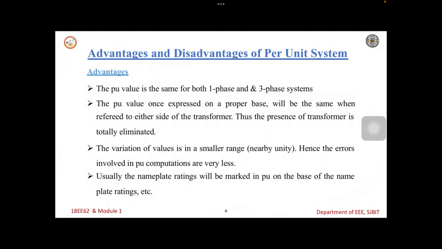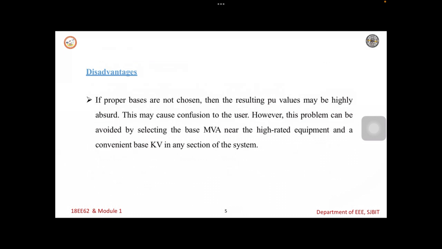The chances of confusion between the line and phase values in a three phase balanced system is reduced. So these per unit values provide more meaningful information, and also the per unit impedance values on either side of the three phase transformer is same regardless of the type of connection, whether it is star star or a star delta or delta delta transformer.